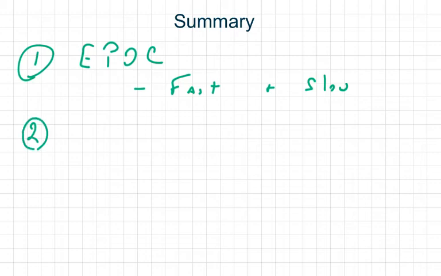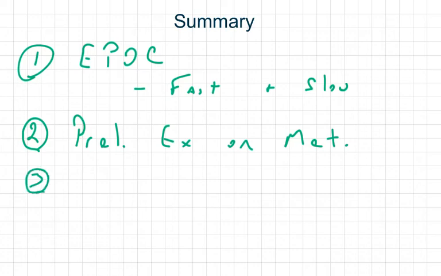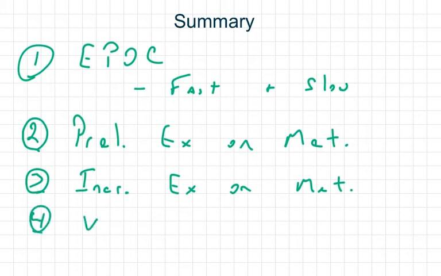Secondly, we discussed the effects of prolonged exercise on metabolic rates. Thirdly, we discussed the effects of incremental exercise on metabolics. And then finally, we introduced the concepts of VO2 max and lactate thresholds.